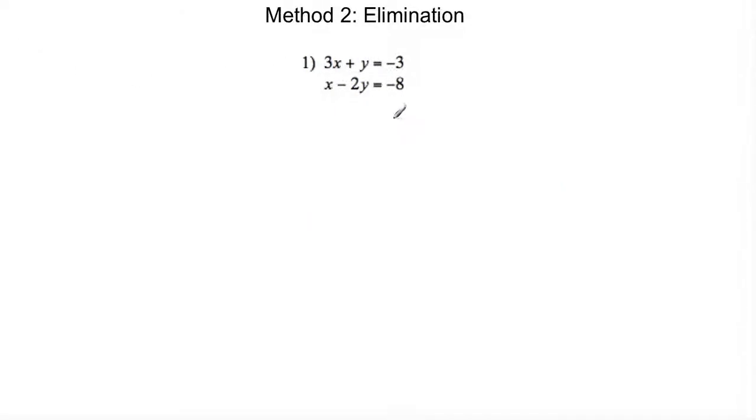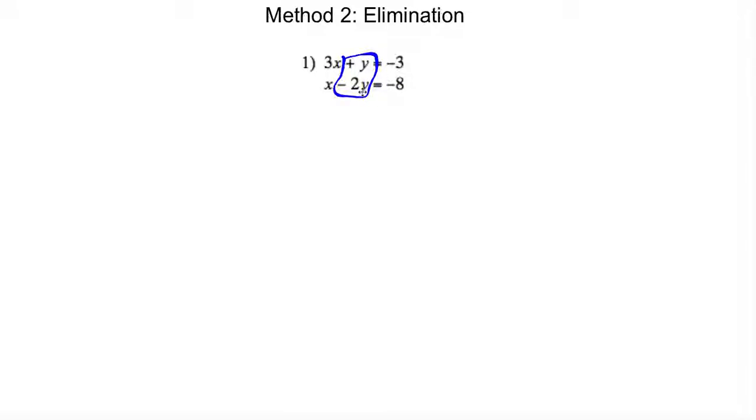We could also use elimination, where we want to try to eliminate one of the variables. We can do this by multiplying these equations, or adding these equations. So here, if I look at the y's, notice that one of them is a positive, one of them is a negative.